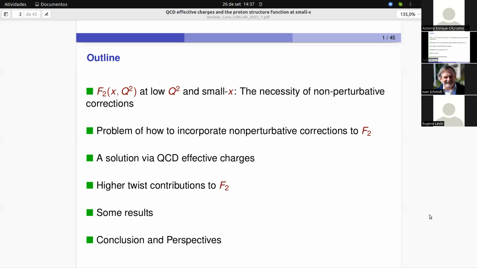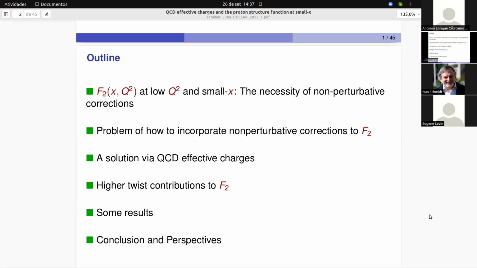And I will discuss the introduction of higher twist contributions to F2, because in this work we have introduced a QCD effective charge and we have added higher twist contributions to improve the description of the structure function.